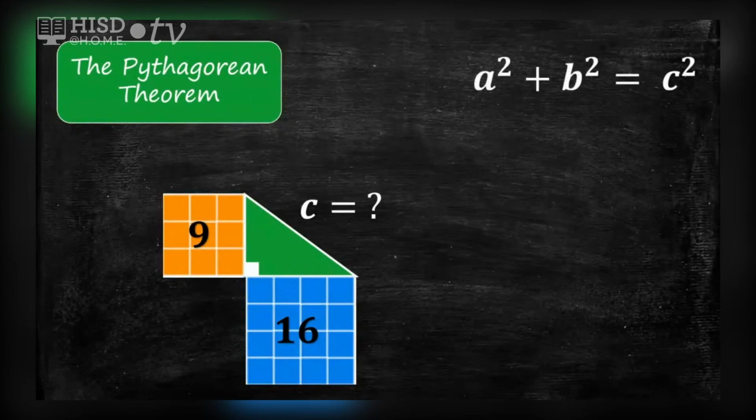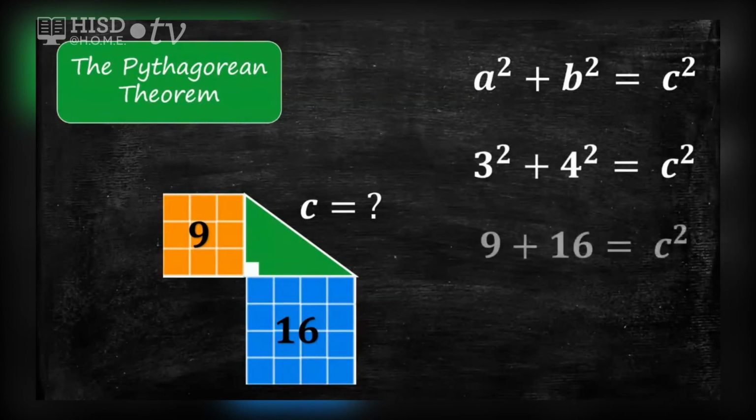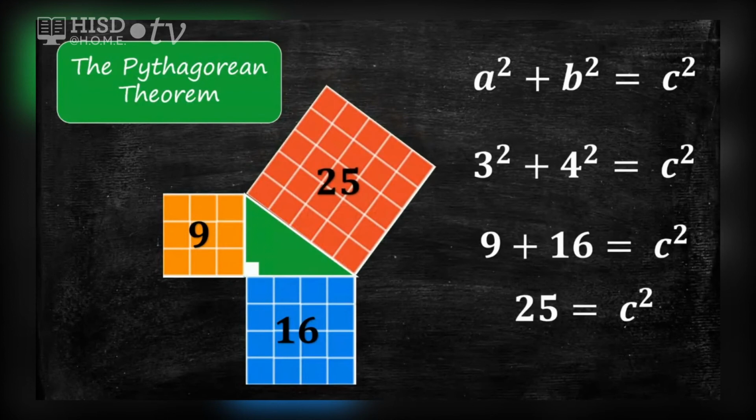We're gonna do it algebraically, and you can see that it's gonna be given by the same numbers. 3 squared is gonna be equal to 9, 4 squared is gonna be equal to 16. And now we know that the square of the hypotenuse should be equal to an area of 25.